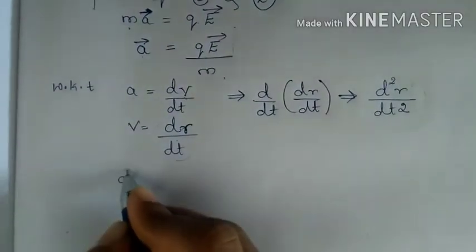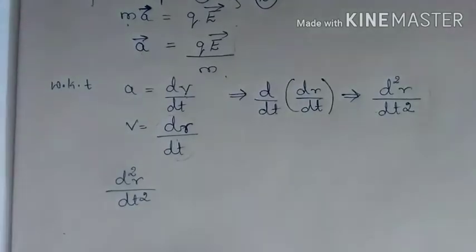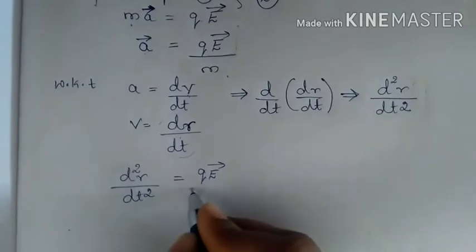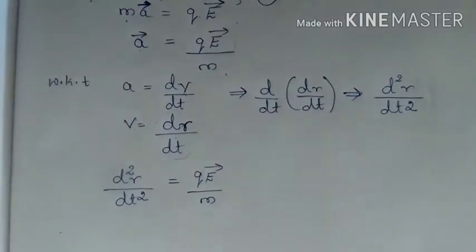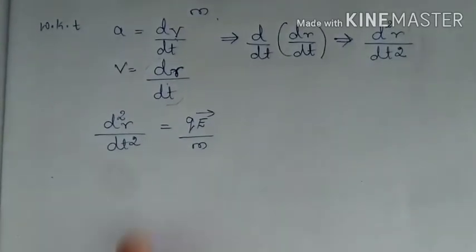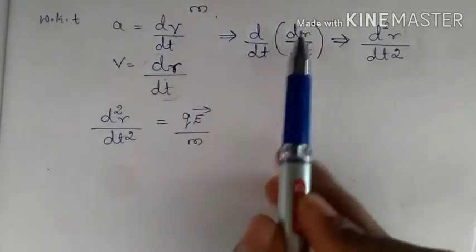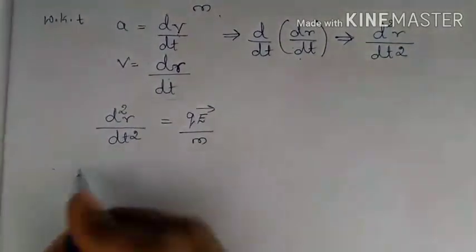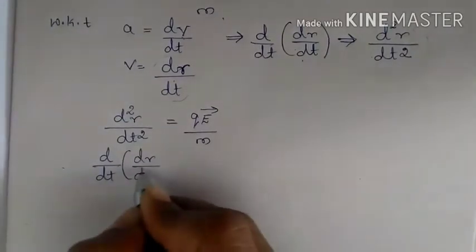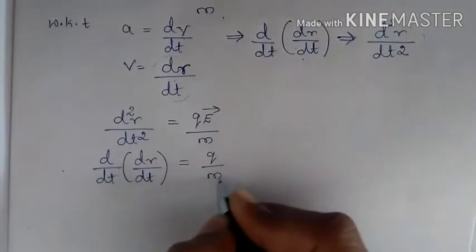So a can be written as d square r divided by dt square, which is equal to QE by m. Clear? So now I can write this d square r by dt square as d by dt of dr by dt. So d by dt of dr by dt is equal to q by m E.